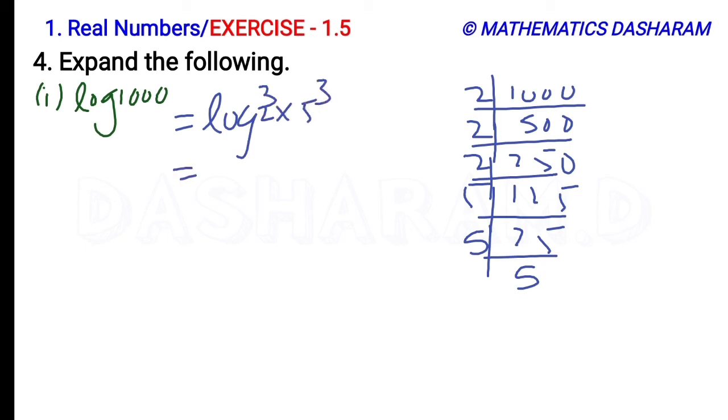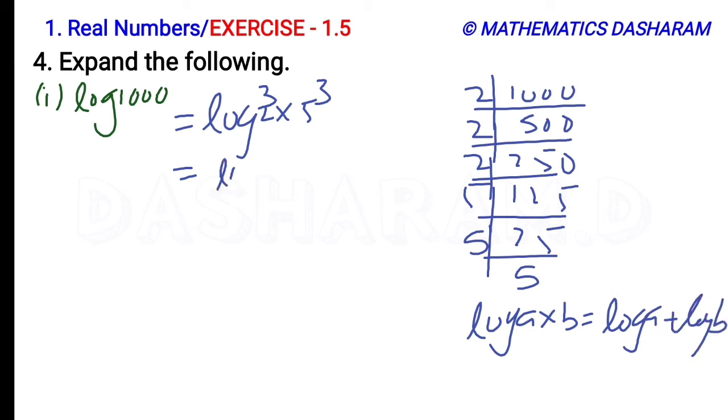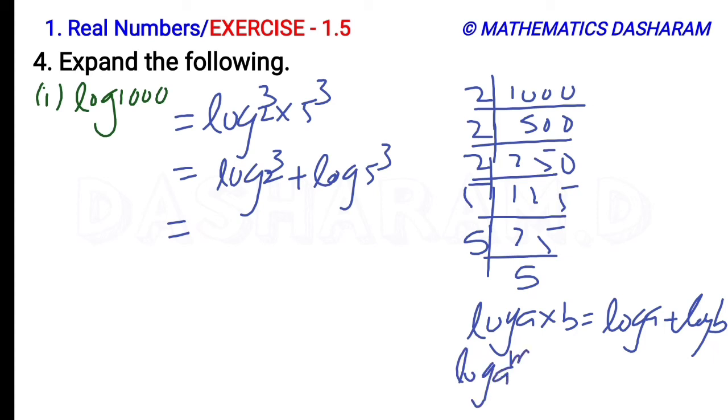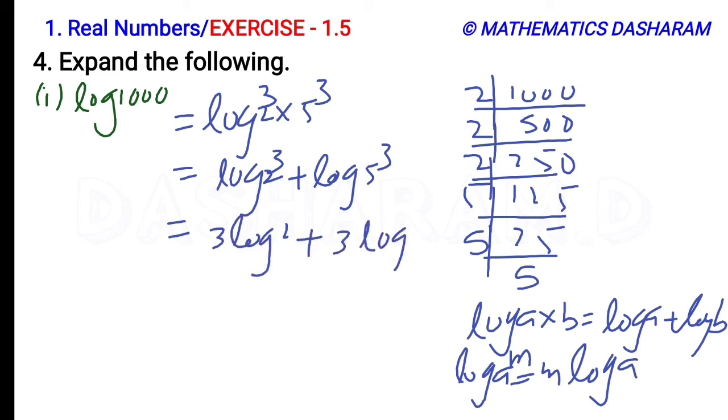The suitable formula is log(a into b), equals log a plus log b. So log 2 cube plus log 5 cube. Now the formula log a to the power of m equals m log a. So 3 into log 2 plus 3 into log 5. This is called expanding log 1000.